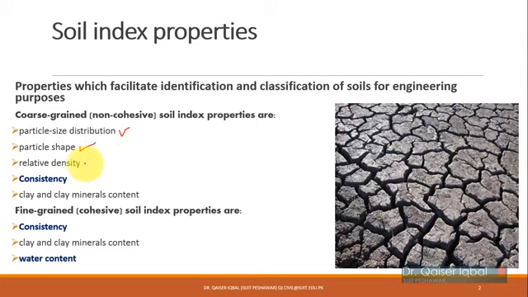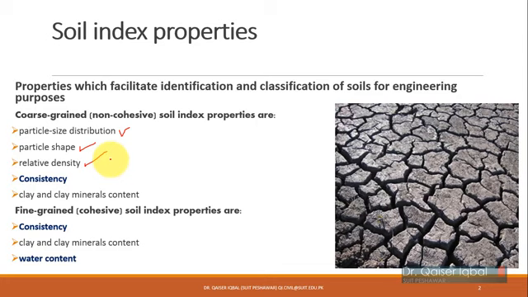Then you have relative density. We already discussed relative density. If the relative density of a soil is high, more than 80%, then it is known as dense soil. Like if you have a sand whose relative density is greater than 80%, then you can call that a dense sand.